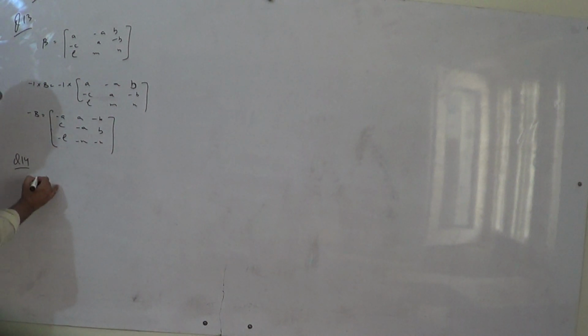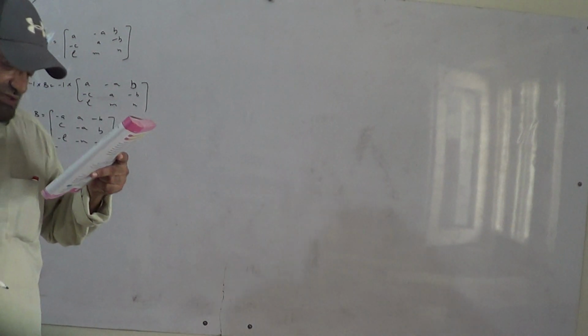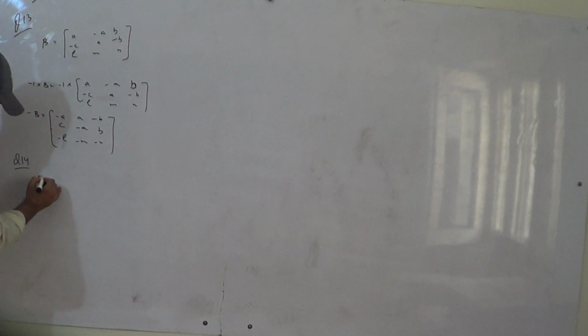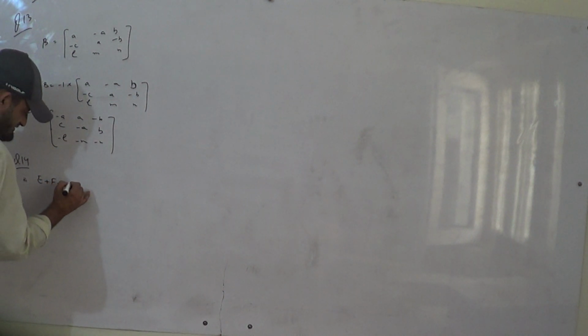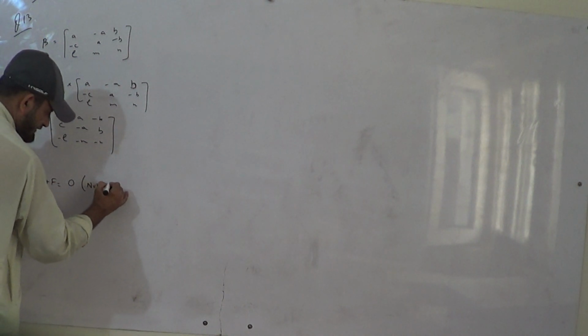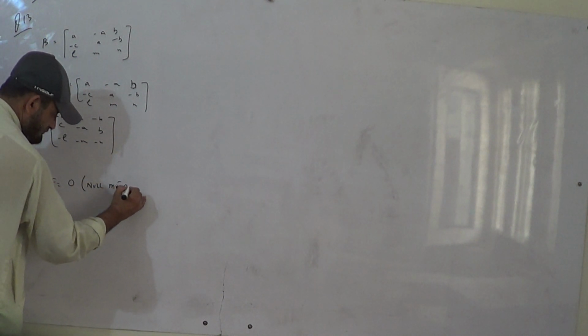Part number E. Here it says, show whether the following are additive inverses of each other or not. E is given and F is given. If we add E plus F and we get 0, or the null matrix, then E and F are additive inverses of each other.